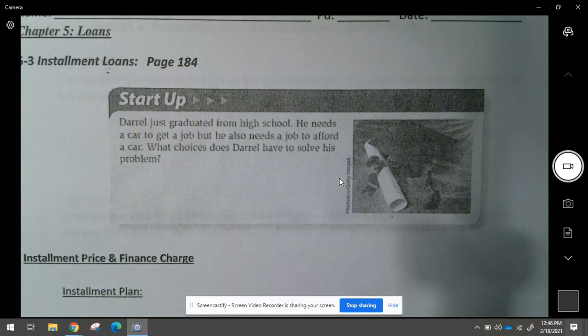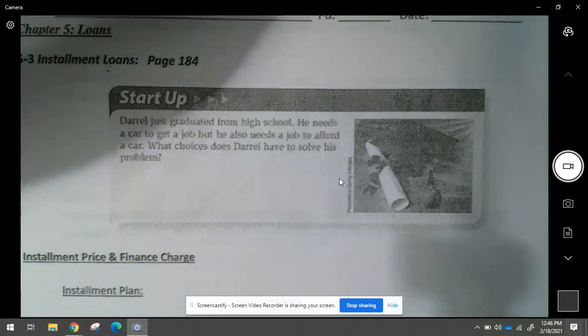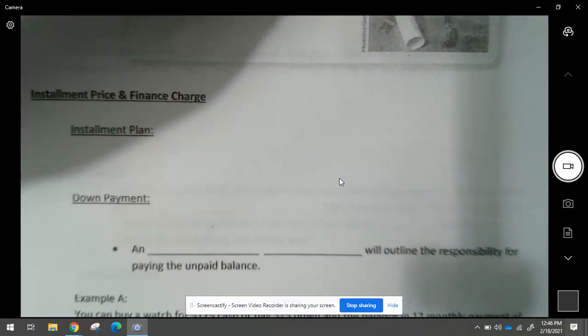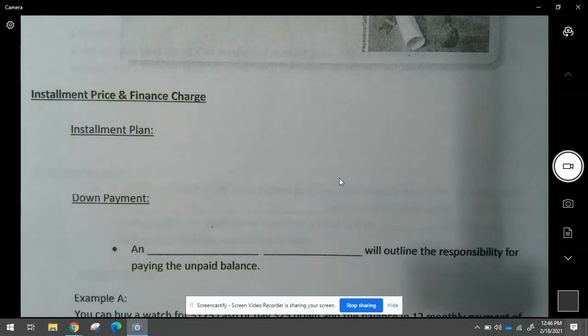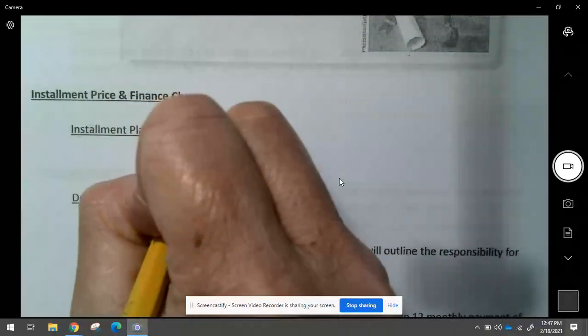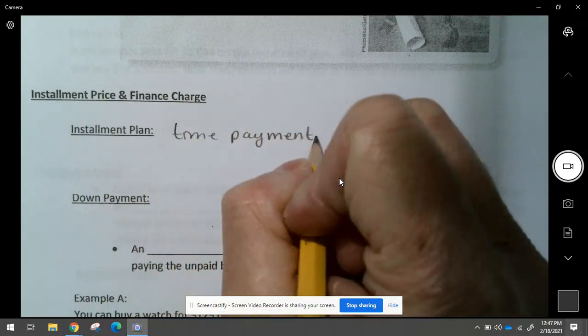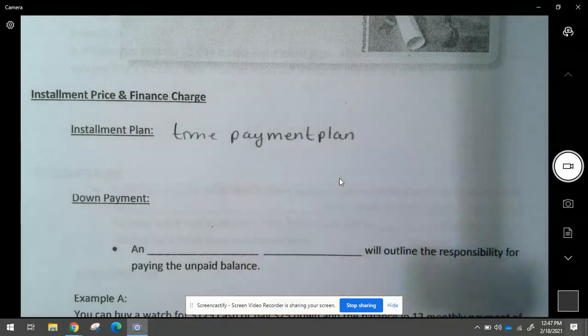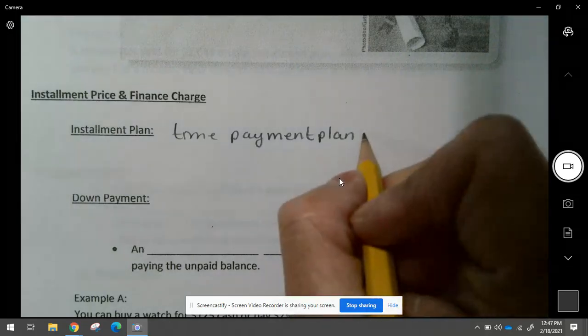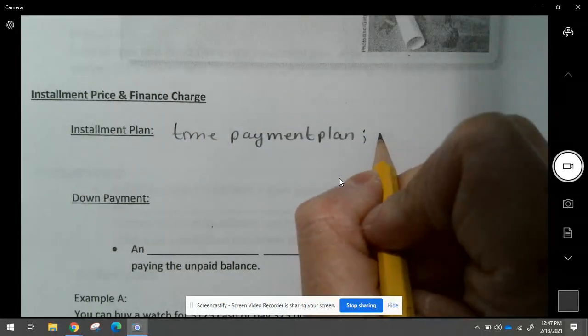All right, so let's start by defining some terminology here. Installment price and finance charge. Installment plan. It's also called a time payment plan. Okay, and it's borrowed money and you pay it back in parts. So we'll put a colon here.